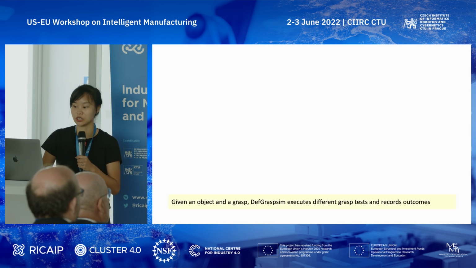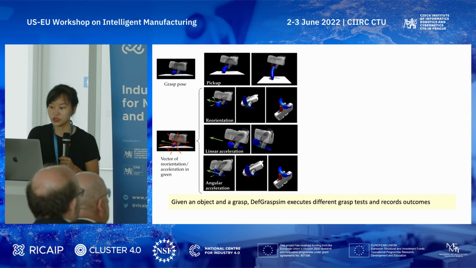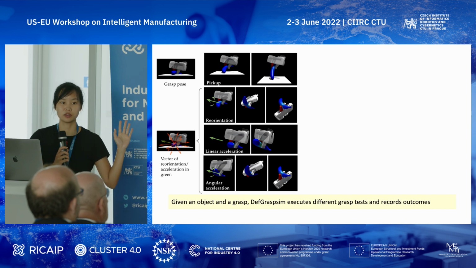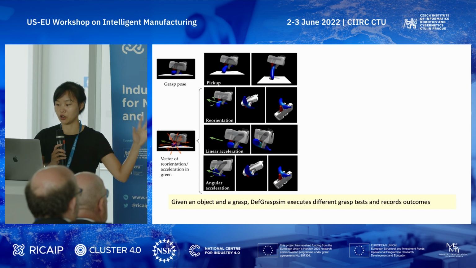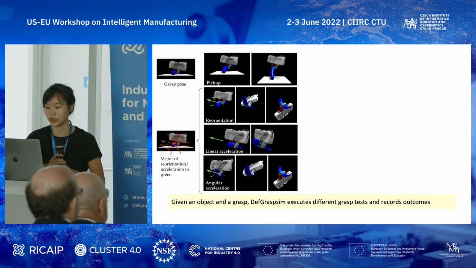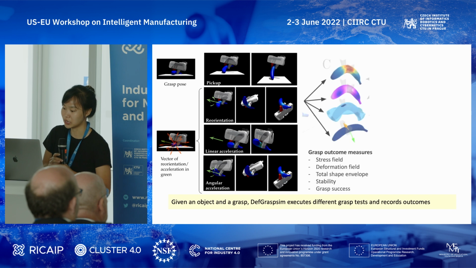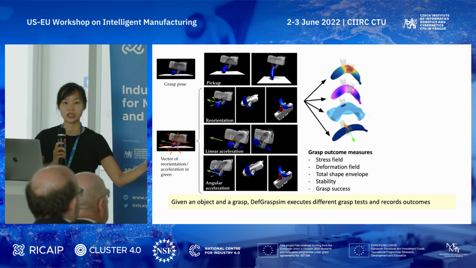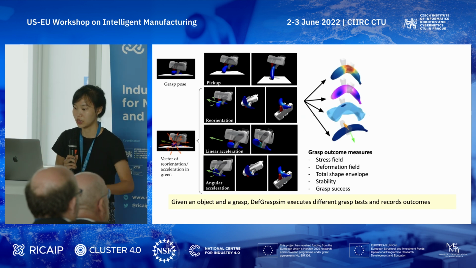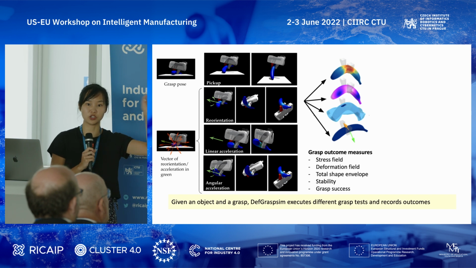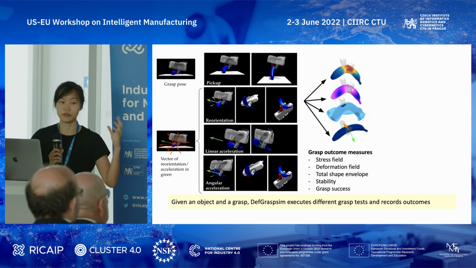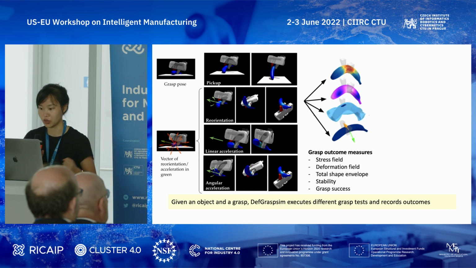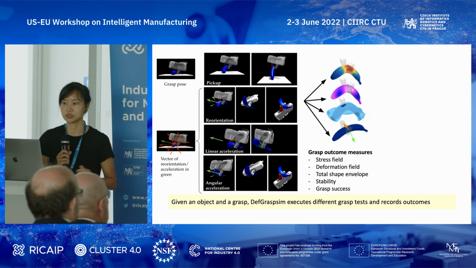And this is what using it looks like. First, you can choose any object, not even one that's restricted to our data set. And then you can run a grasp experiment on that object and record the outcome of that grasp. For example, these outcomes may include the final stress or the final deformation field, or maybe what the total deformation of the object looks like under reorientation of the gripper caused by gravity, or simply whether it was picked up successfully or not.